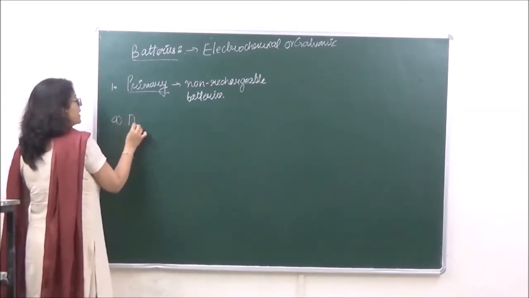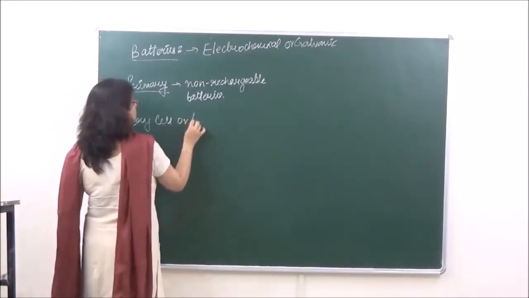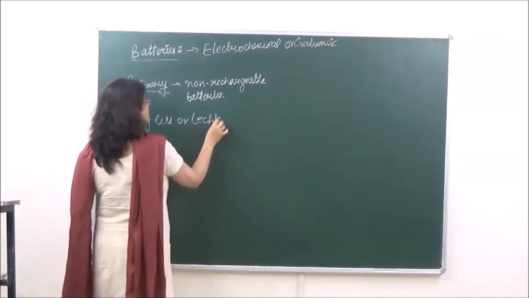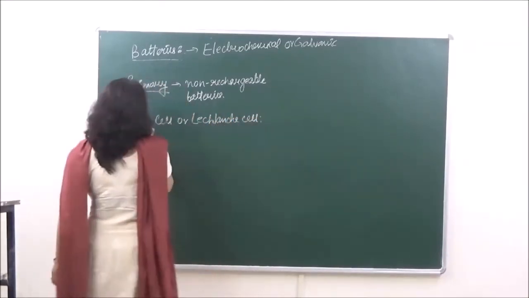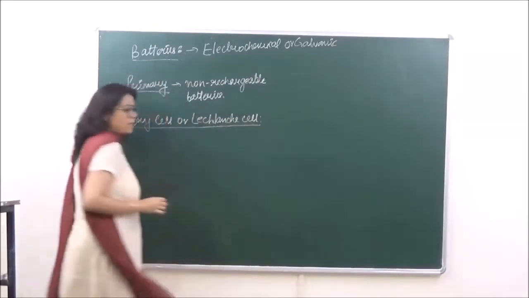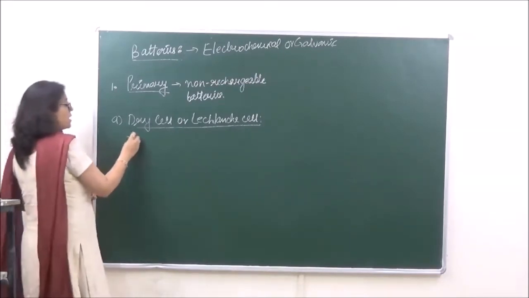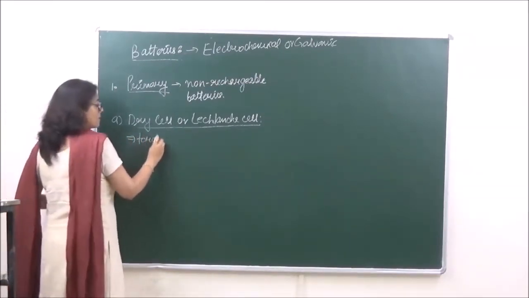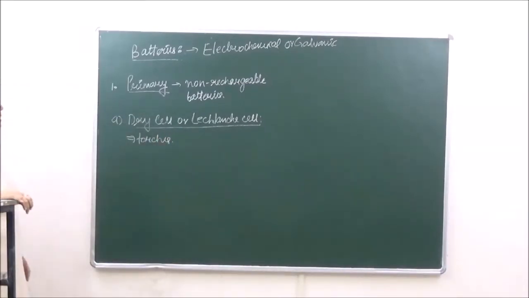The first one is known as the dry cell or Leclanche cell. Okay, so we look at these cells. These are the cells which are generally found in torches, the normal cell which we can see.